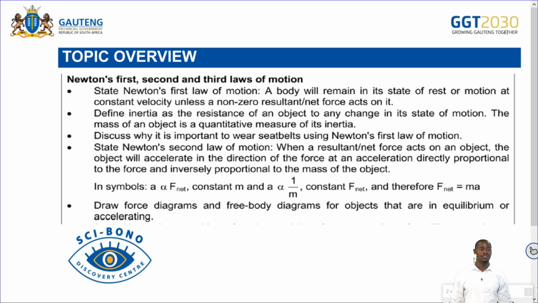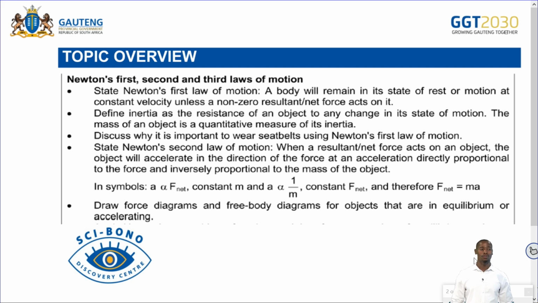And then we also need to define inertia as the resistance of an object to any change in its state of motion. The mass of the object is a quantitative measure of its inertia. And then we need also to discuss, still under Newton's first law, why it is important to wear seat belts. So we have to use Newton's first law to explain that.